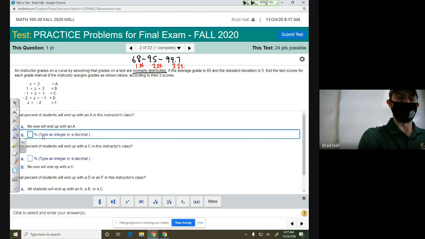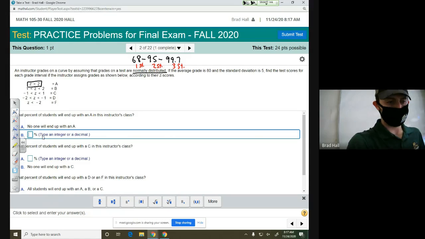So here, what it's saying is what scores correspond to a z-score greater than 2. And what this is referring to is what values... find the test scores.